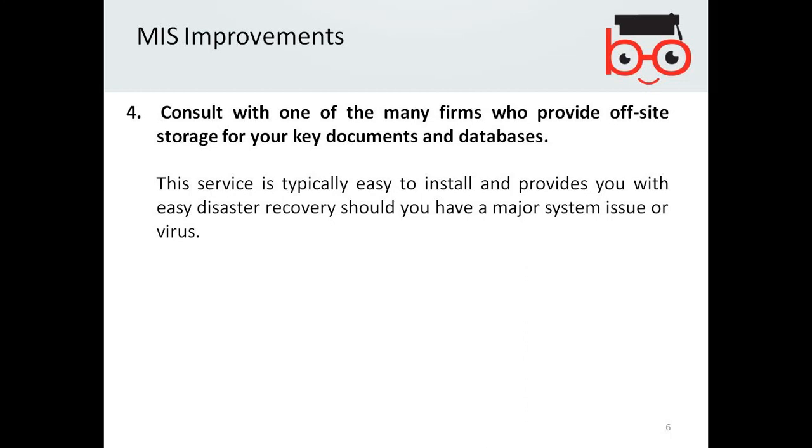They must have stored that data not only at one location.